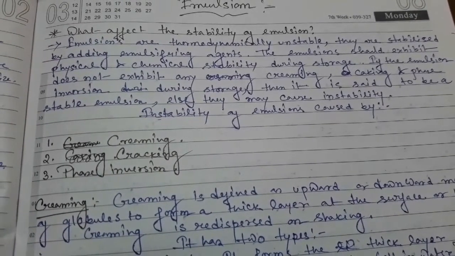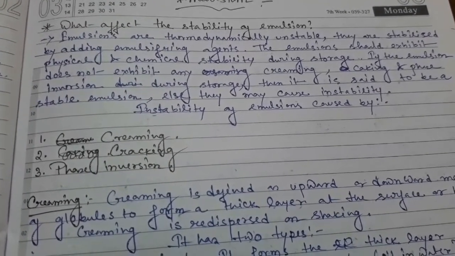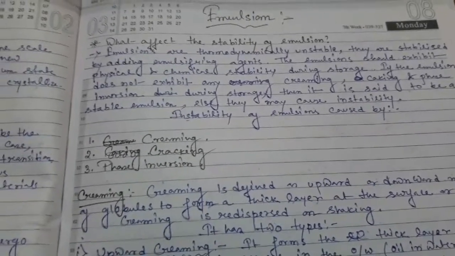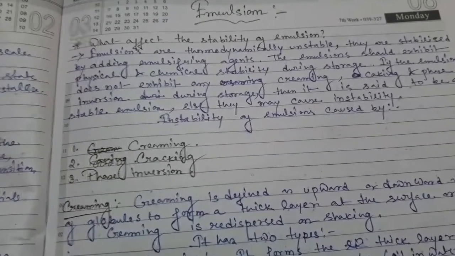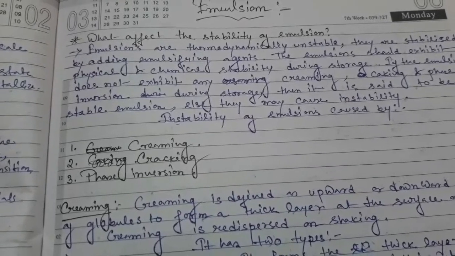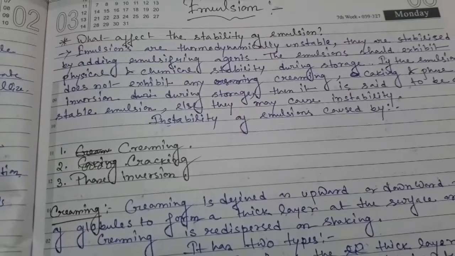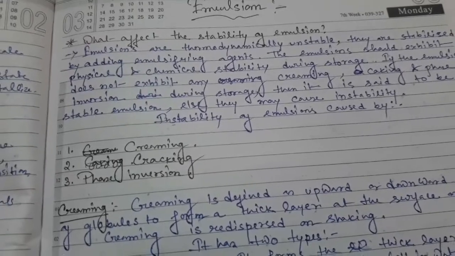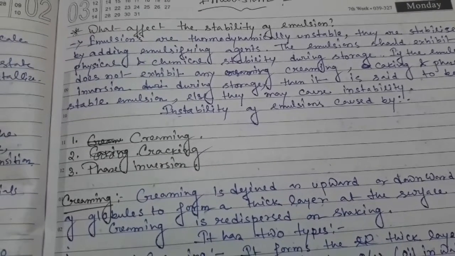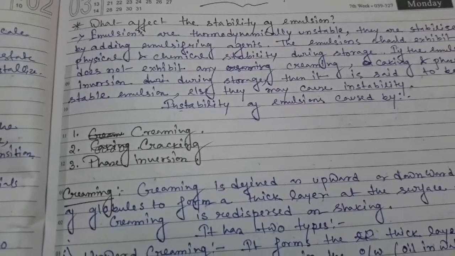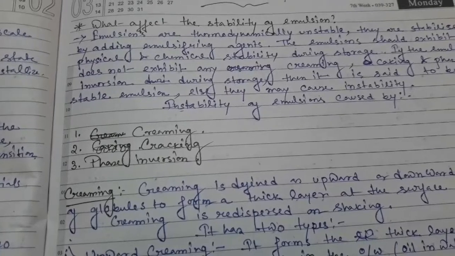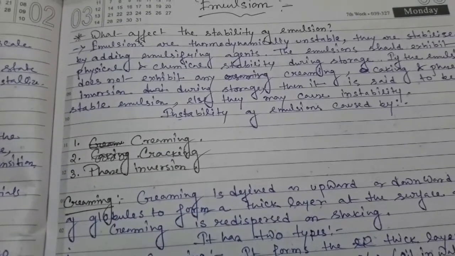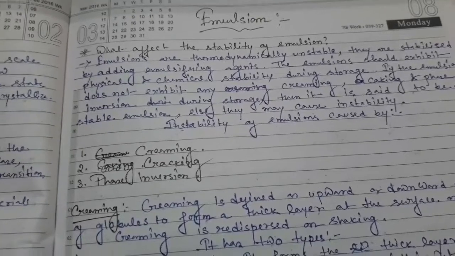Instability of the emulsion is caused by creaming, cracking and phase inversion. That means after preparation of the emulsion, three effects are very important: creaming, cracking and phase inversion. Due to these problems, the emulsion may be unstable.